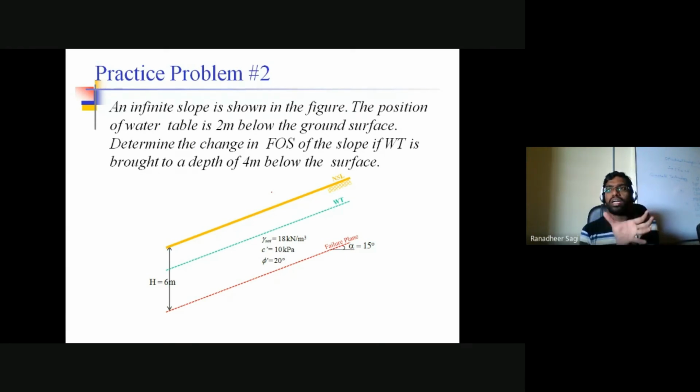So final factor of safety minus initial factor of safety. If I calculate that, I'm going to get the change in factor of safety for that slope. I understand that the alpha angle given for this problem is 15 degrees. Phi dash is given, C dash is given, and the saturated unit weight is also given. So let me quickly go on to write down the expression for factor of safety.